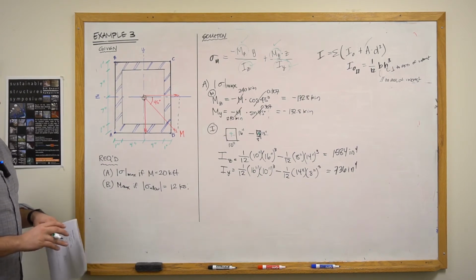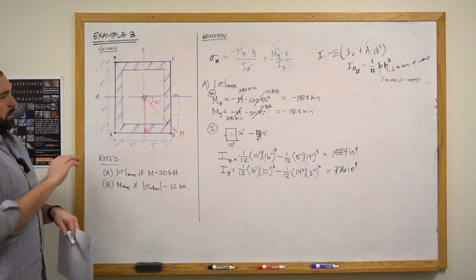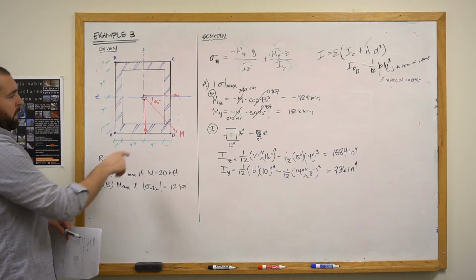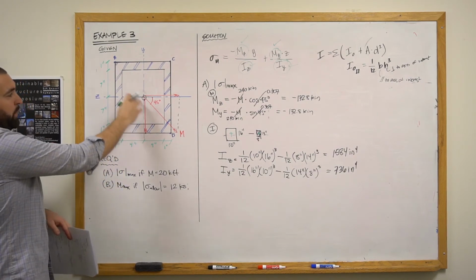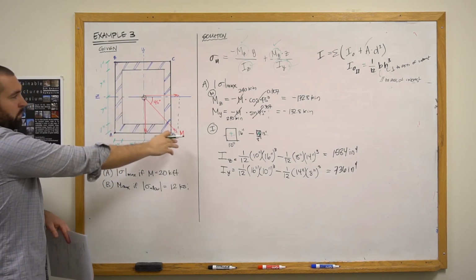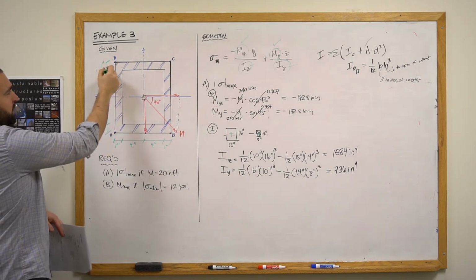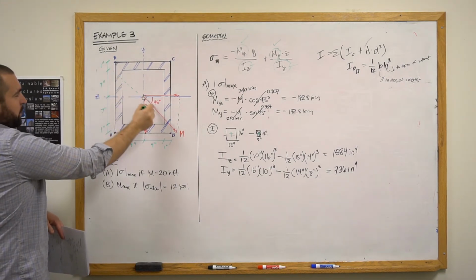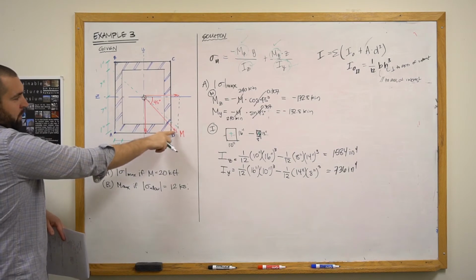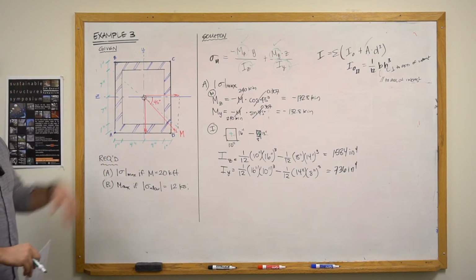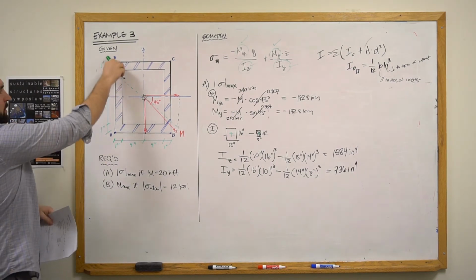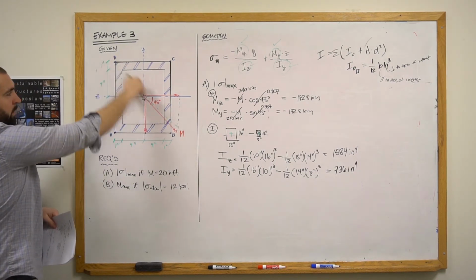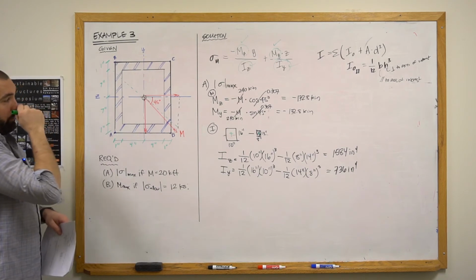Now, just based off kind of experience, I know that the actual axis, the neutral axis for this moment resultant, as opposed to breaking them up, is going to be something maybe similar to the axis that the moment is acting in. It's going to be a little bit different, and that's fine. But roughly speaking, the neutral axis is going to be some sort of line that goes from the upper left down to the bottom right.